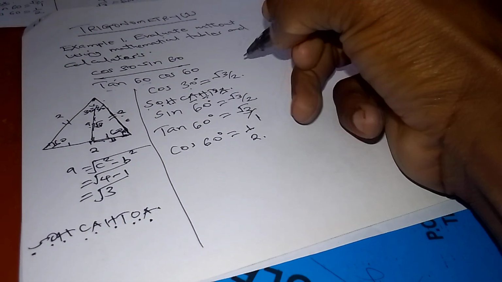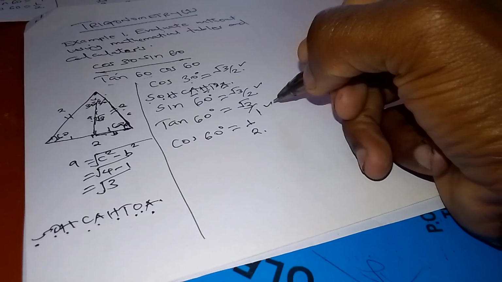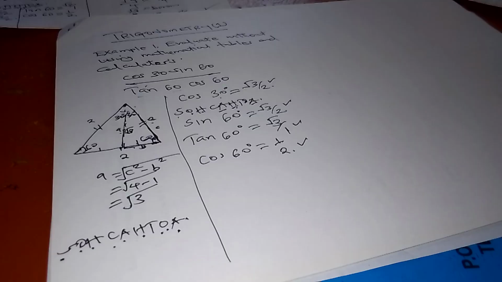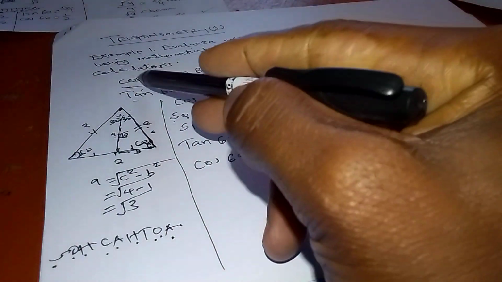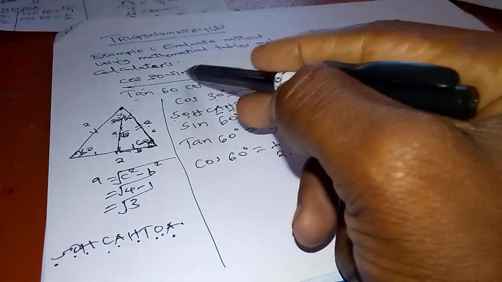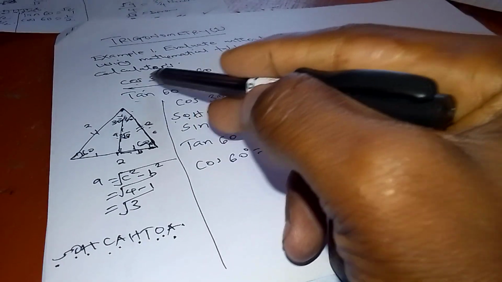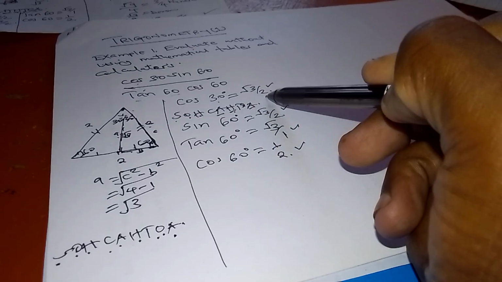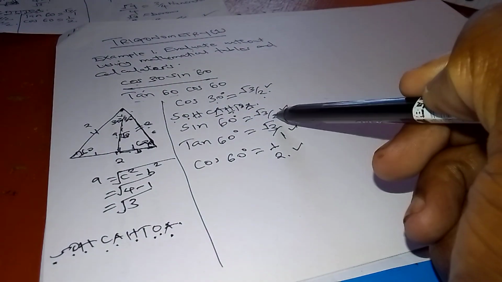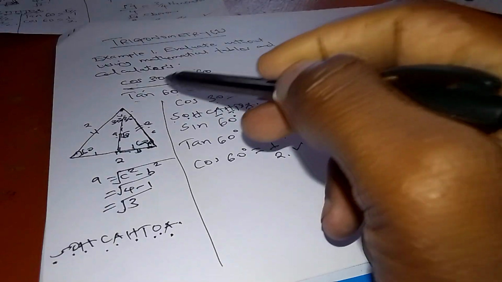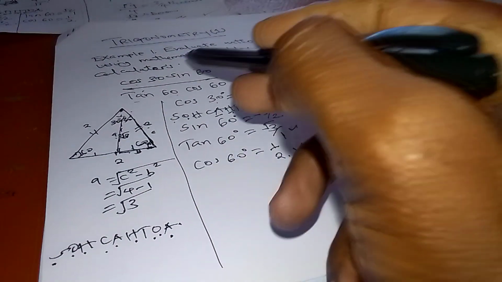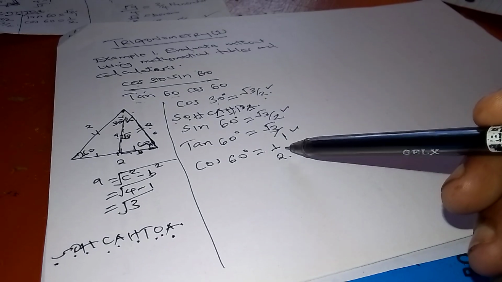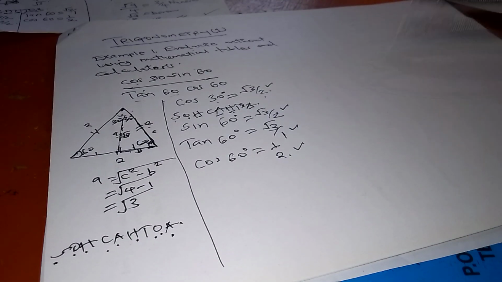Now we have all of these at the same time. Look at this properly. It means that cos 30 sin 60 also means cos 30 times sin 60. The value of cos 30 here is root 3 all over 2. Now we will take the first two to make the numerator, and the second two to make the denominator, so that we can solve the whole thing together.